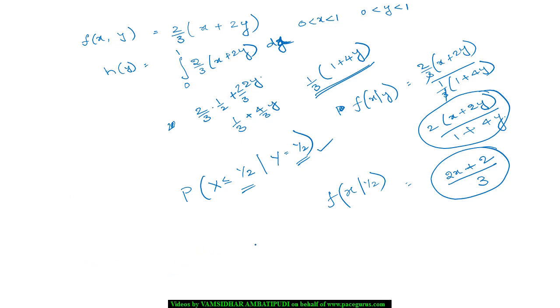So I integrate 2x plus 2 by 3 from 0 to 1 by 2, dx. The first part is 2 by 3 into x squared by 2, which is 1 by 2 into half squared, which is 1 by 8.